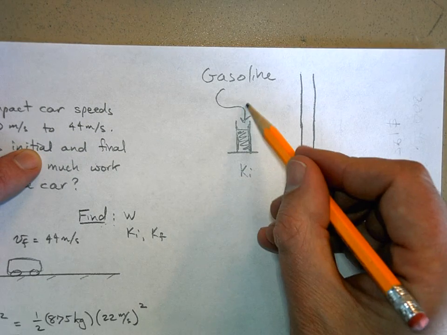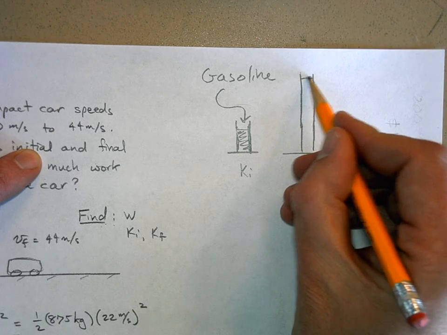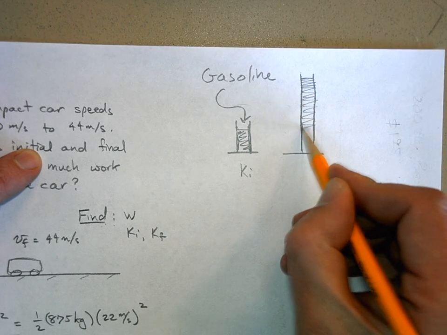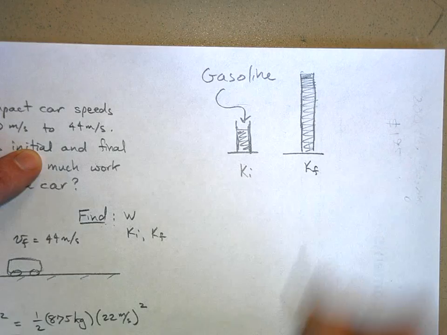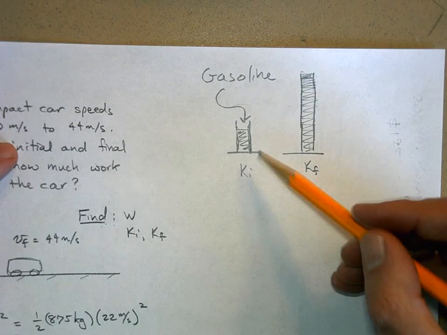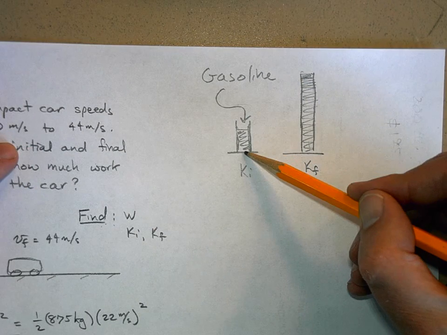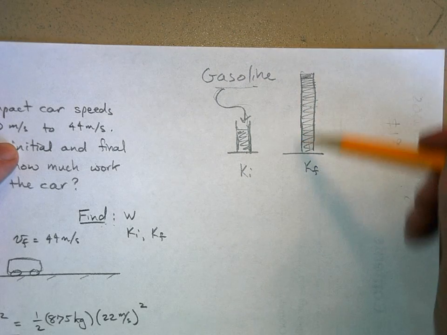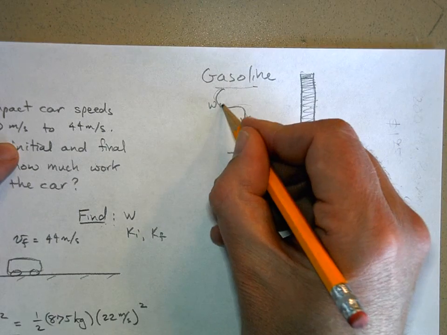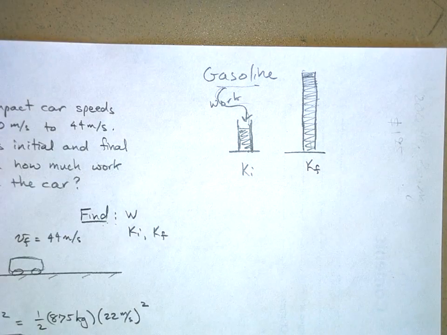So when we transfer gasoline in this container, it will now be way up here. It's not even drawn to scale. It should be a little higher. So there's my final kinetic energy. So I started off with this much, and then I transferred energy from the gasoline into here. This was the work done by the engine and the tires and all that.